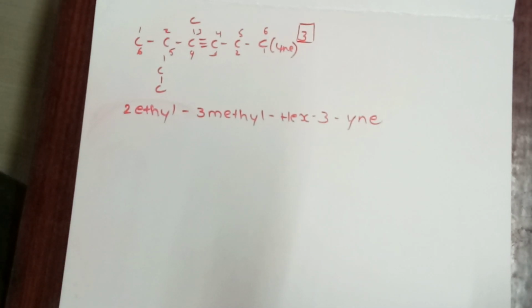Let me solve a last sum that includes a functional group and a halogen.